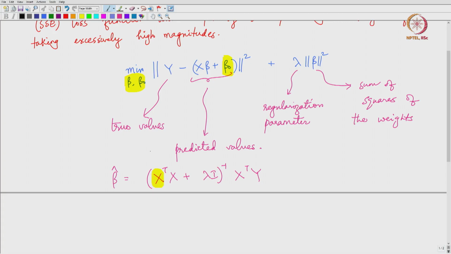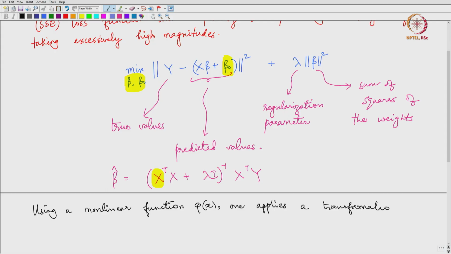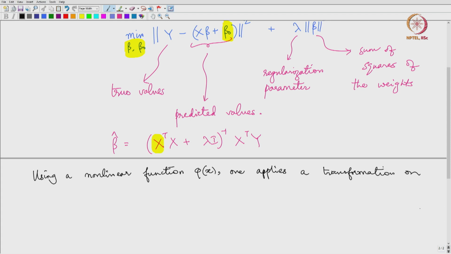Now what we will do in kernel ridge regression, in its simplest form, but there are of course more complex ways of doing this, we will introduce a nonlinear function to transform the features. So using a nonlinear function phi of x, one applies a transformation on the features.